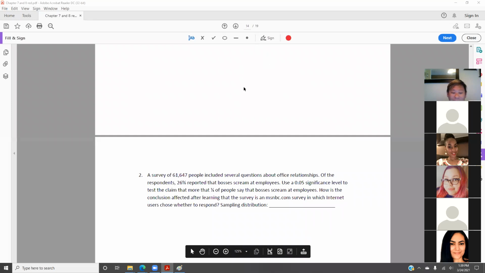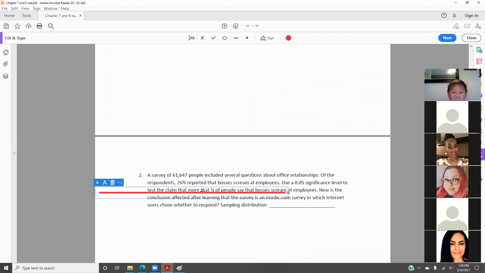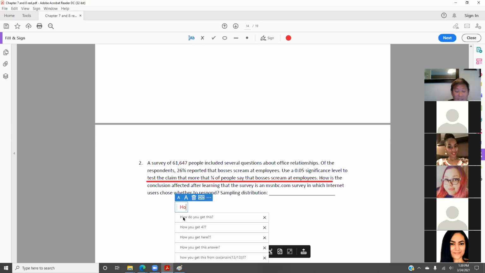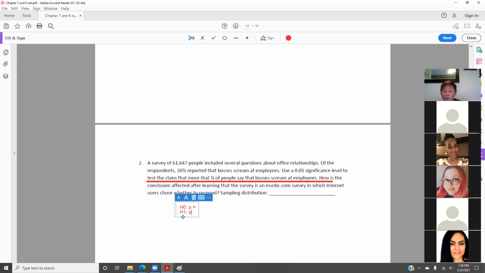More than 1/4 of the people say that bosses scream at employees. Yep, this is the claim statement. So how do you write this as your hypotheses, H0 and H1? You should use P for proportion or percentage.